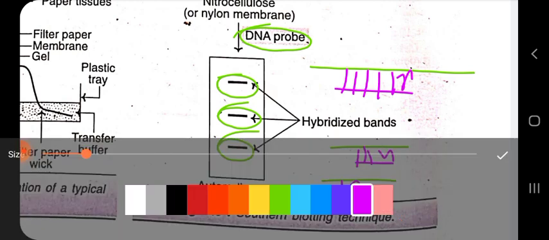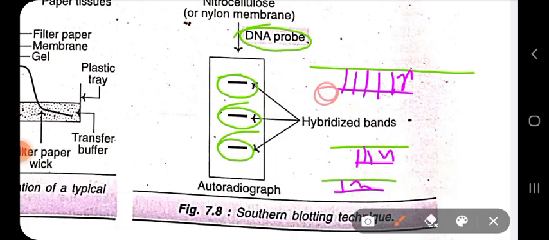Now this probe also contains a radio label or tag which helps to visualize it clearly in autoradiography. Generally autoradiography is used for radioactivity, so we have used probes tagged with a radioactive isotope like P32.